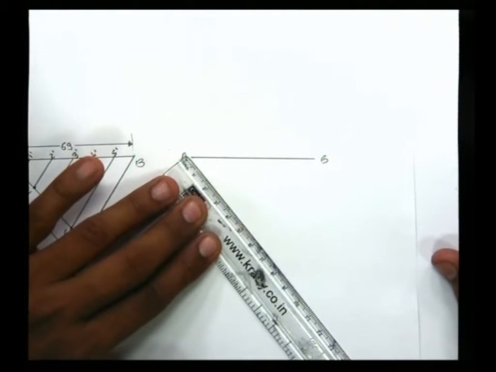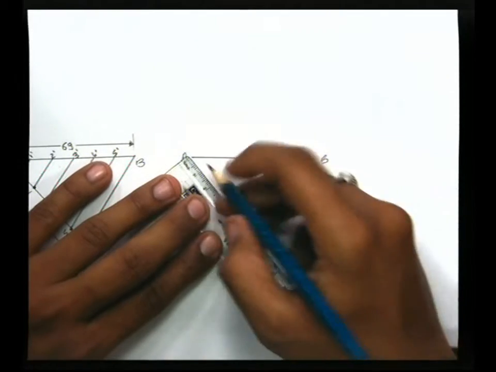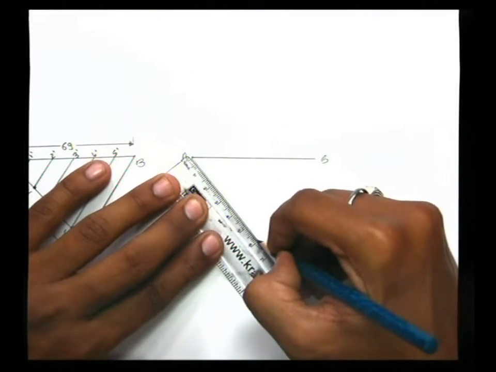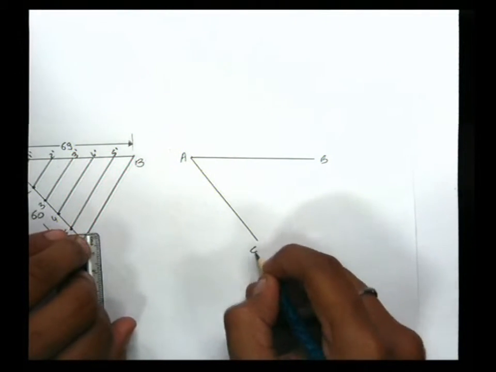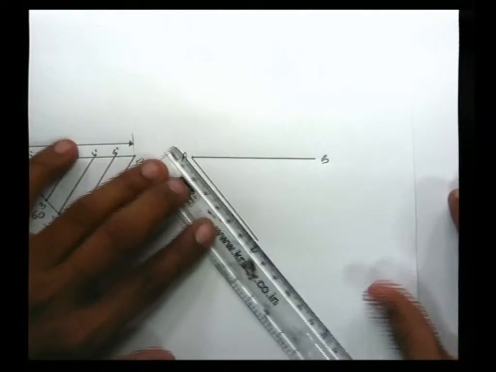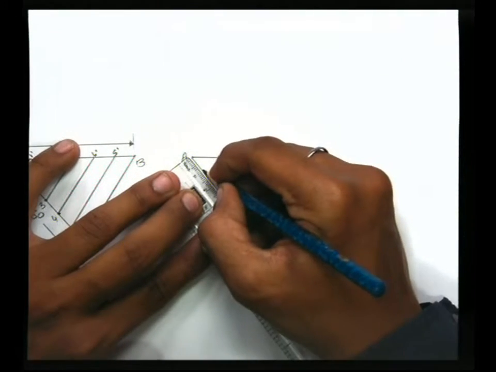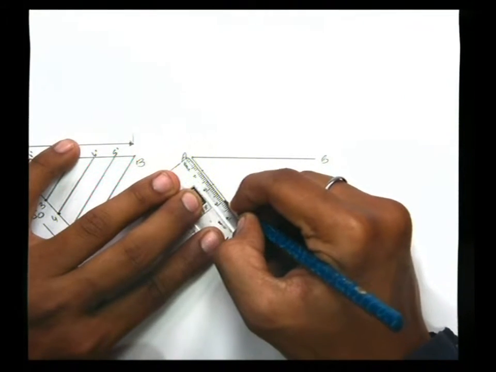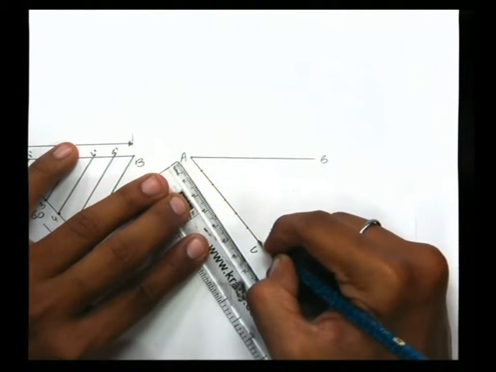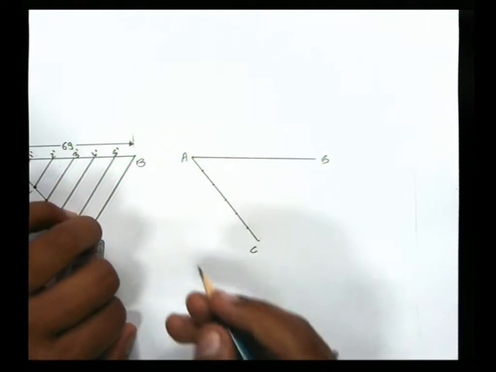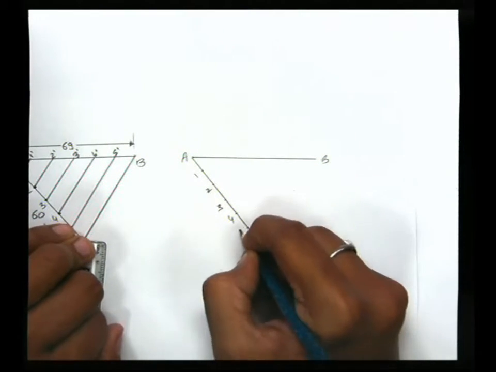At any random angle to point A, I have drawn a 60 mm long line, naming it AC, dividing that line into 6 equal parts, which means 10 mm each. Let's name these as 1, 2, 3, 4 and 5.